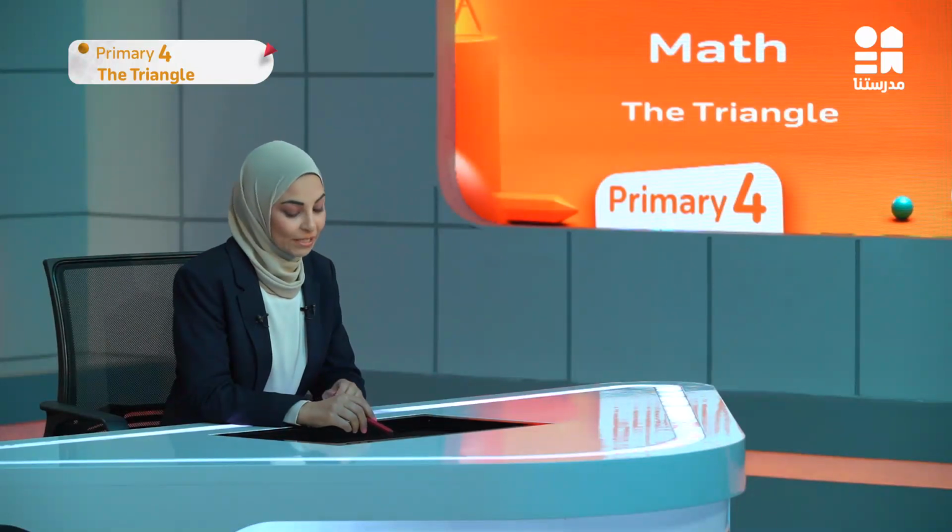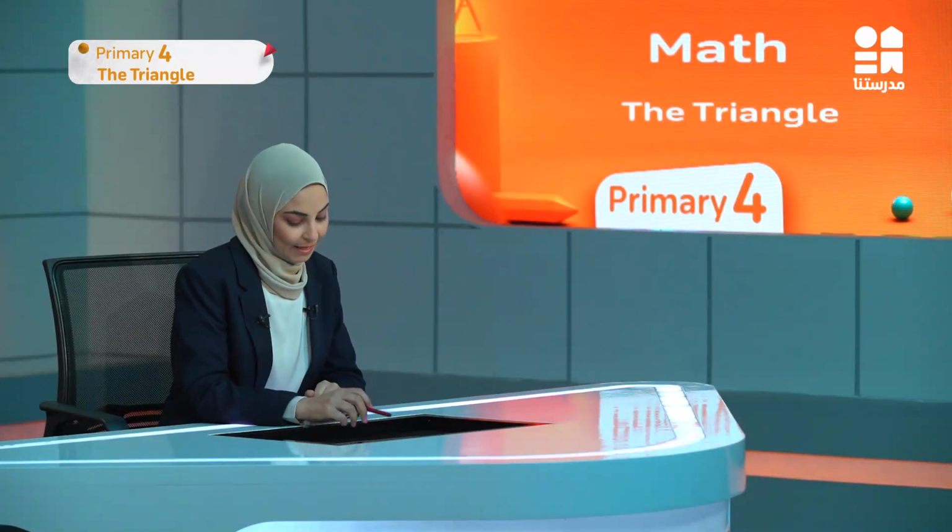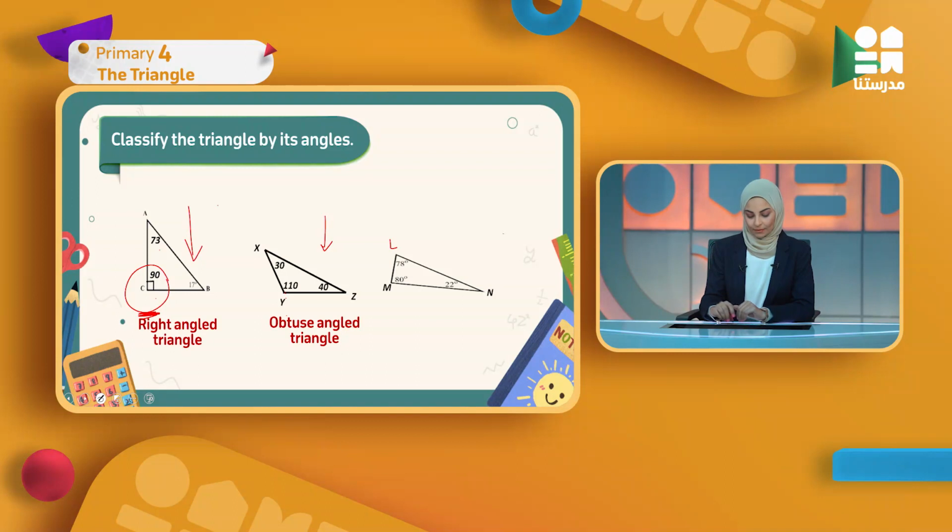Now, what about the angles in this triangle? The measure of angle X equals 30 degrees. What does 30 degrees mean? Yes, 30 degrees is less than 90, so it is an acute angle. What about the measure of angle Z?